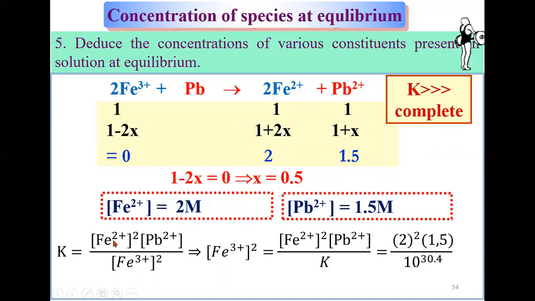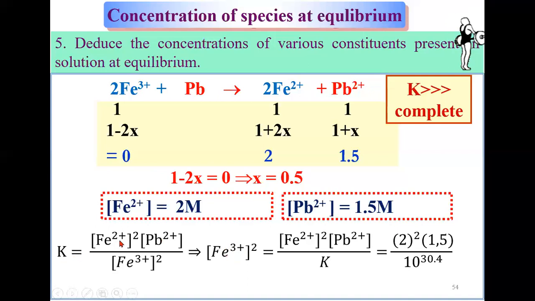So the iron 2 plus we have, the lead 2 plus we have, and I want to find the iron 3 plus. How do I find it? I find it from the equilibrium constant K because I have everything else in my solution. And since I have K, I can get the Fe3 plus concentration.